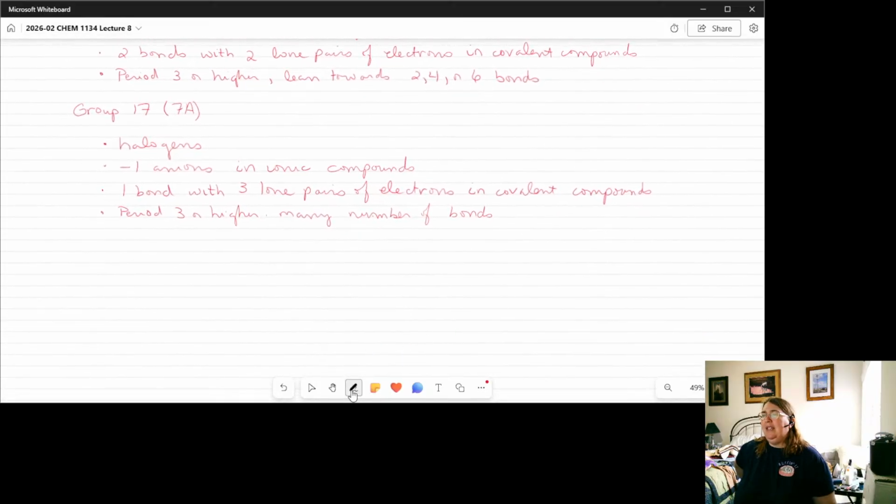Now, group 18, 8A, these are called the noble gases.